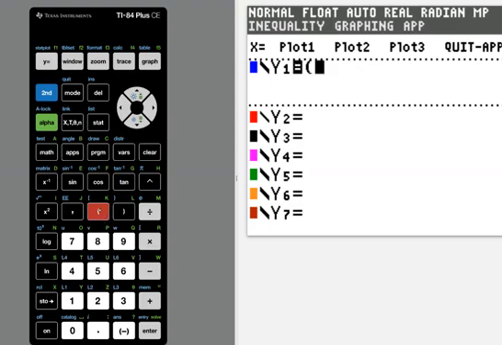Open parenthesis, do another open parenthesis for the x plus 2 factor. We take this to the power of 2. We have x minus 2. And then we close all of the numerator. Use the division sign and open the denominator.